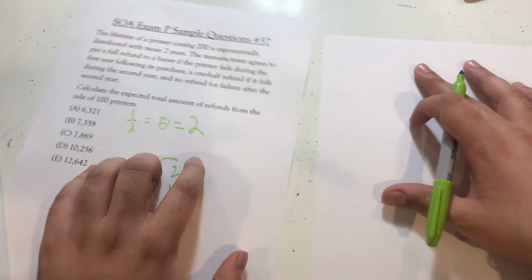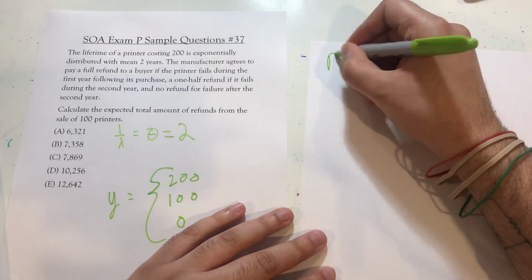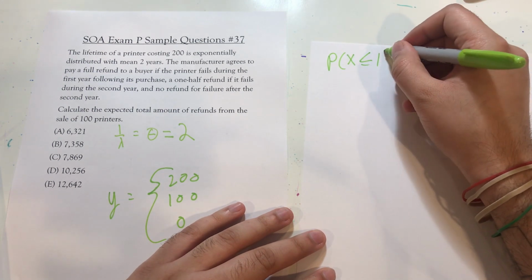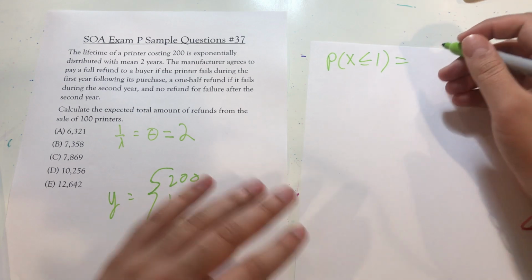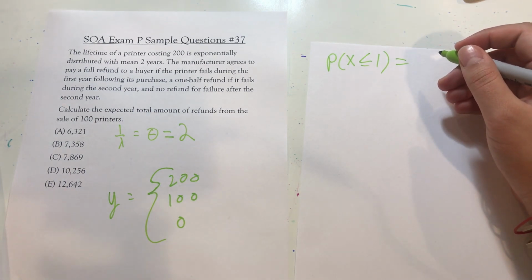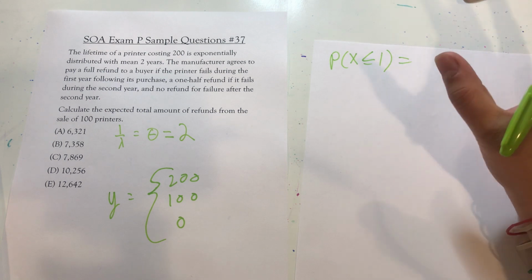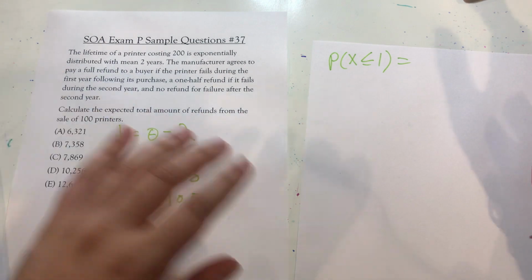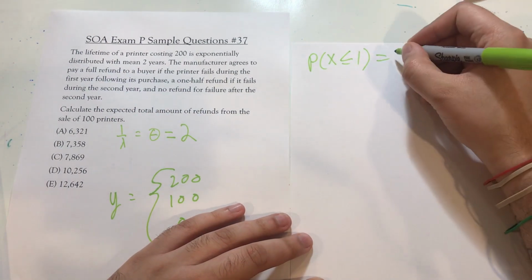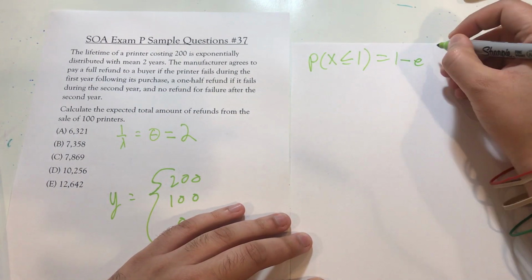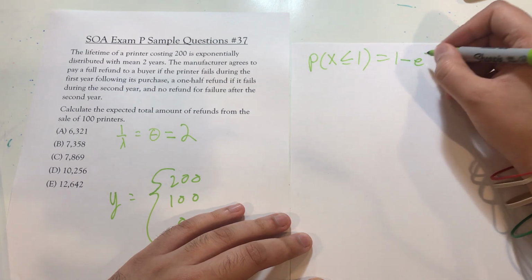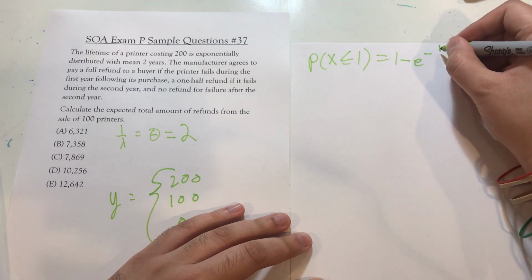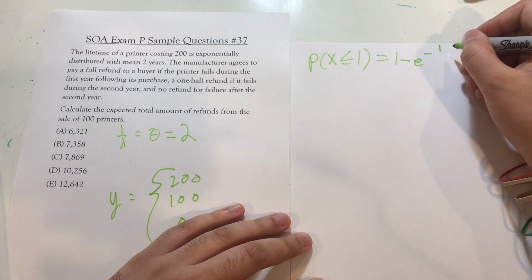So let's say X is the lifetime of the printer. The probability that X is less than or equal to 1 year is equal to, now the CDF of an exponential distribution should be something you memorize. Some places might say you can take the PDF and integrate it. Unnecessary. It's a very short, simple, easy formula to remember: 1 minus e to the negative x.